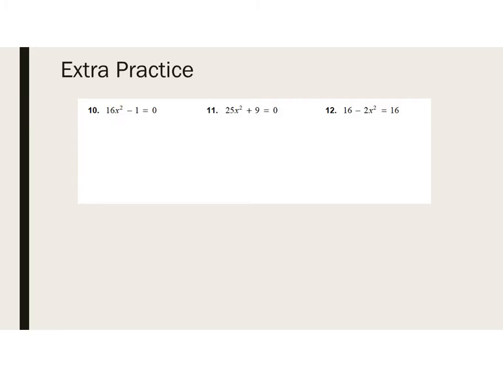So these are really looking at the same thing. Just remember the very first thing you're going to do is you're going to get x squared by itself. So looking at number 10, I'm going to add the 1 over. So I got 16x squared equals 1. Okay, then I'm going to divide by this 16 to finish getting x squared by itself. So I have x squared equals 1/16.